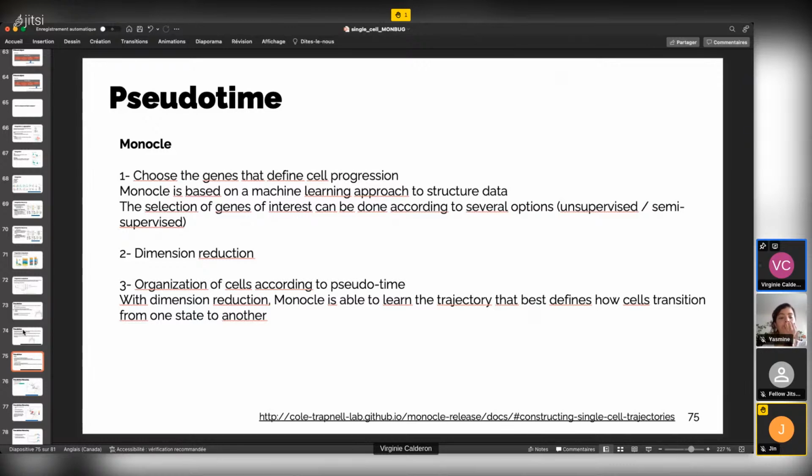So first selection of genes, then dimension reduction, and lastly reprojecting cells according to the pseudotime. So it's just to draw the pseudotime with Monocle. It's just the Monocle vignette.